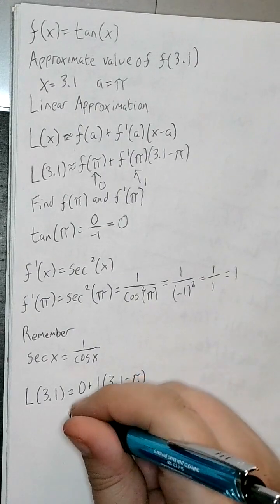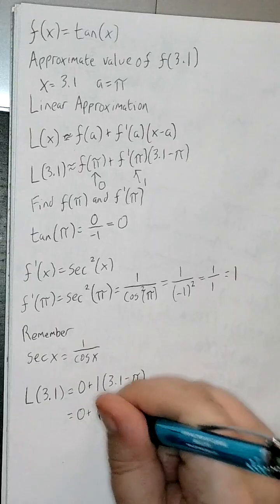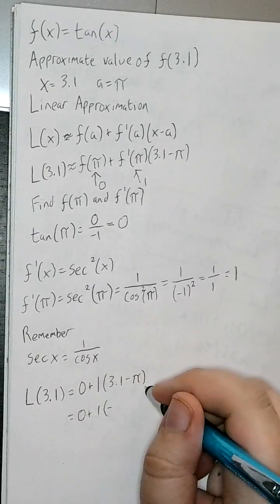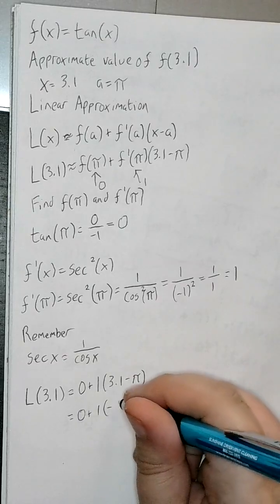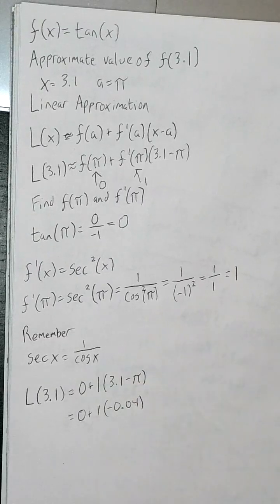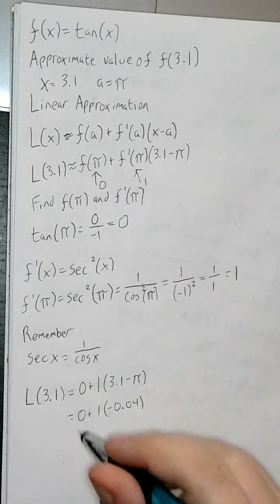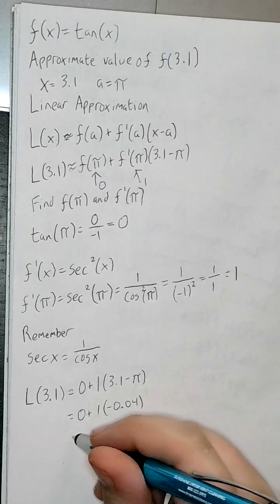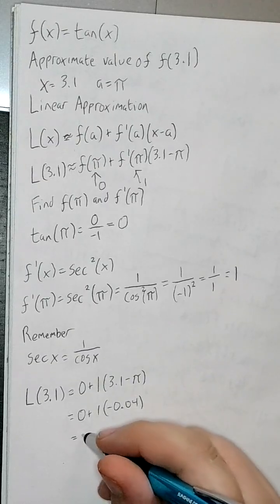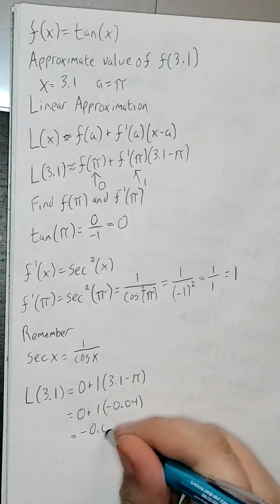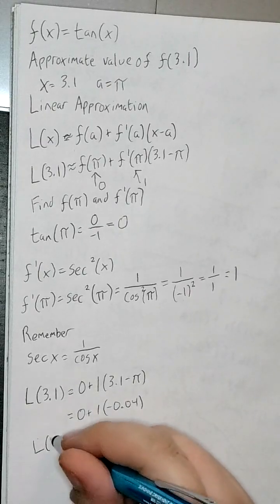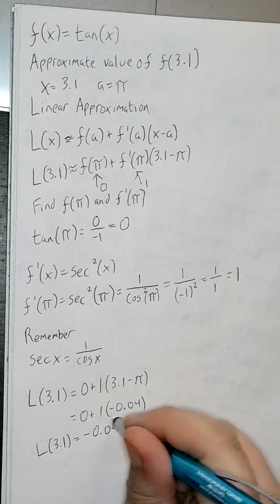So this is going to be 0 plus 1 times negative 3.1 minus 3.14, which is negative 0.04. So 1 times anything is itself, plus 0 is itself. So this is going to be negative 0.04. And that is our approximation.